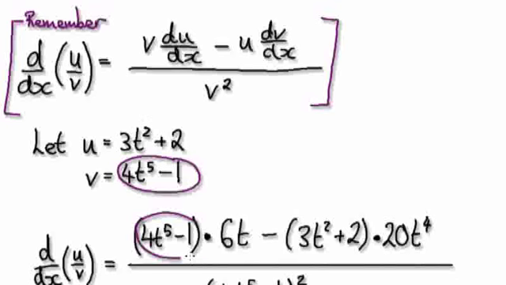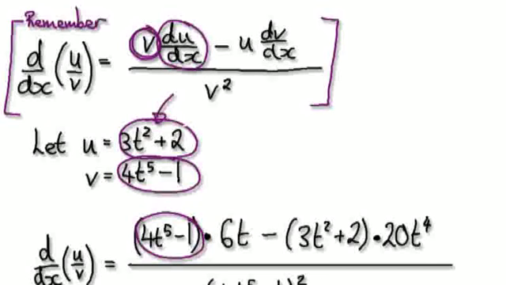So that stays the same. And then concentrate on finding du by dx. In this case, it's us finding du by dt. It's just us changing the t and the x around. So basically, keep v the same, but then differentiate this thing here.